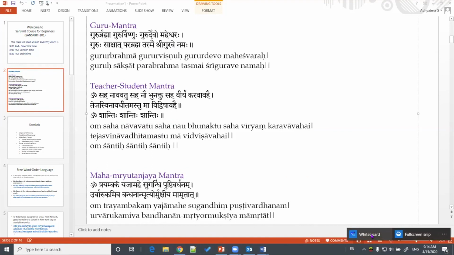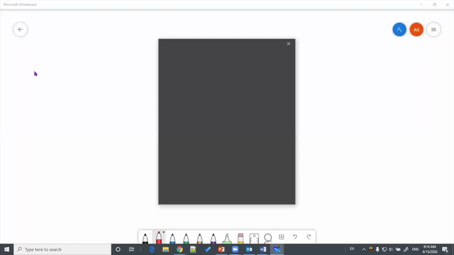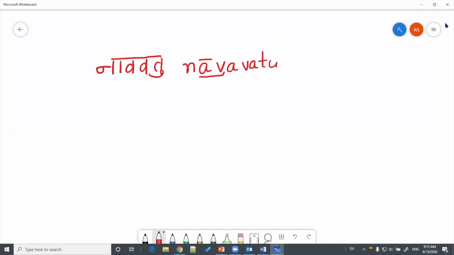What are the words here? So this is the one which actually is the sandhi. So the word is actually nau plus avatu.